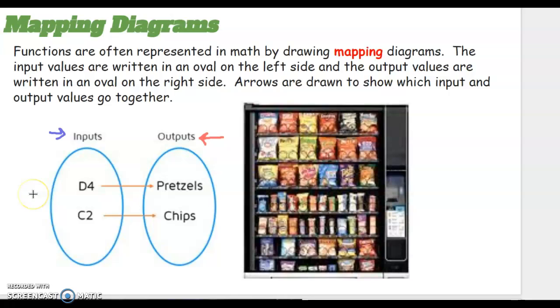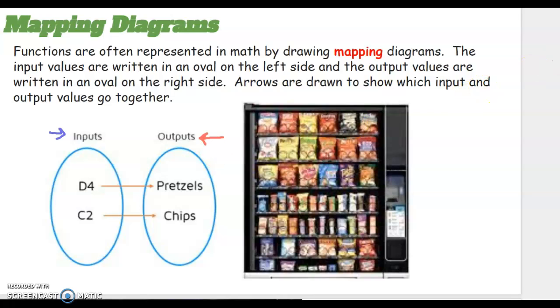So this is just a real easy way to show our inputs, our outputs, and the function that's taking place. Our inputs in this situation of a vending machine would be what we would put into the keypad. So we put in a D4 or a C2, and the arrow is drawn to the item that would be the output for that input that we put into the keypad. So this is how you would show it based on what is called a map.